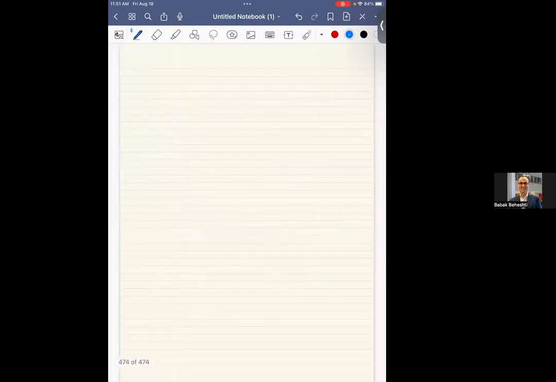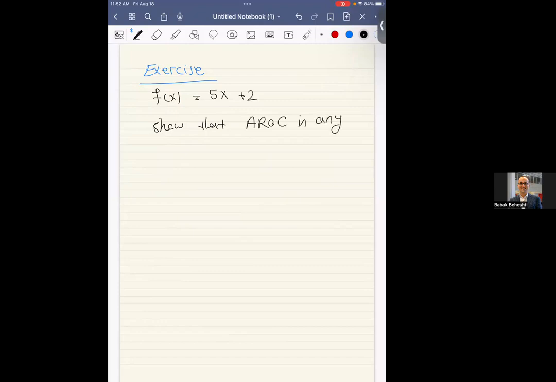Now, here is an exercise. Suppose that f of x equal to 5x plus 2. Show that the average rate of change in any interval is just 5.